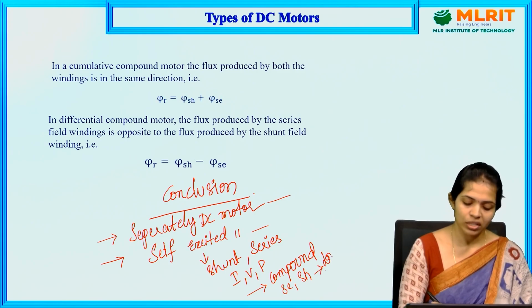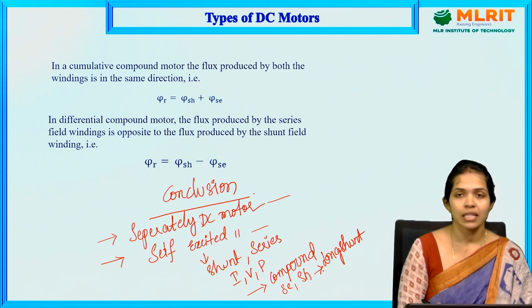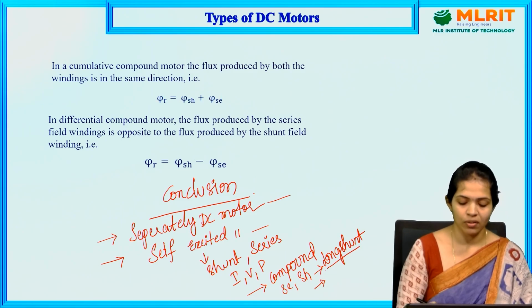We saw the long shunt compound wound motor, that is when the field winding is connected across the combination of series field winding and armature together. When the field winding is only connected across the armature, it is the short shunt.